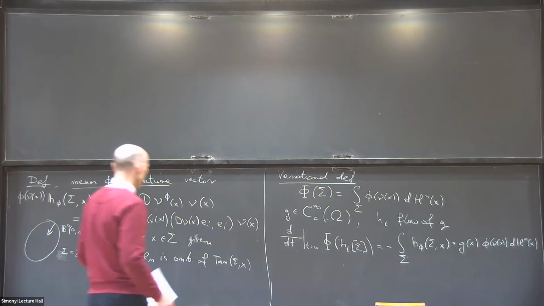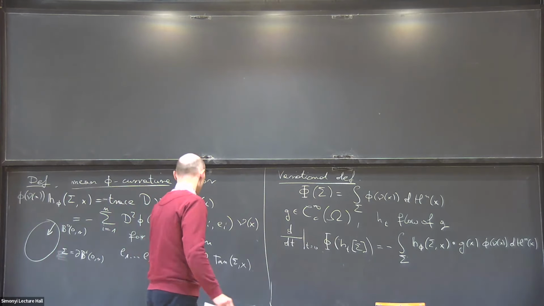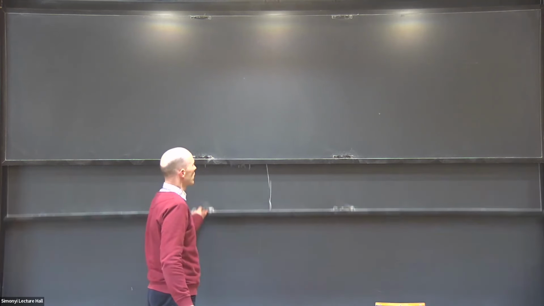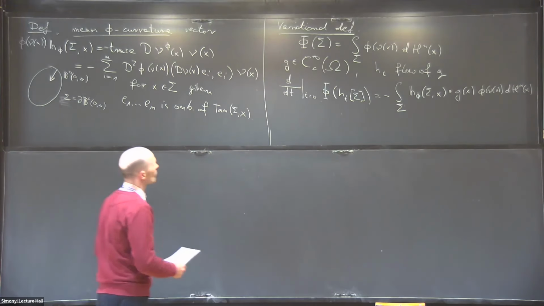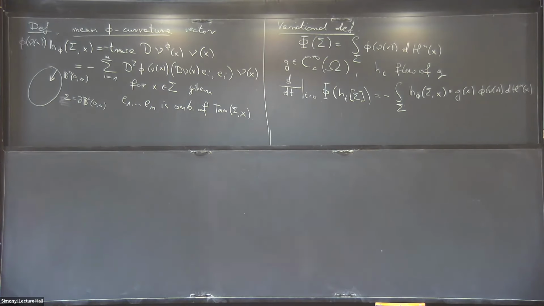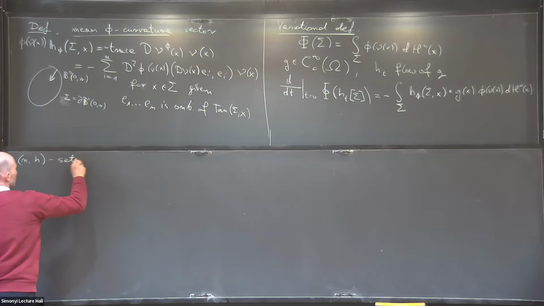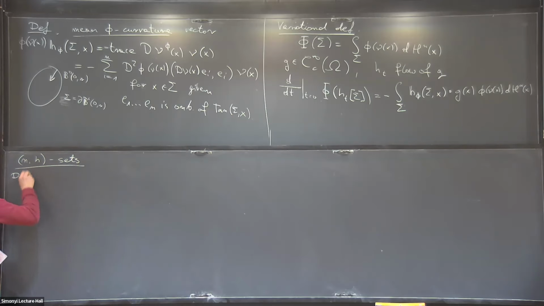Okay, so now once we've defined what a smooth hypersurface is, we can define what are called NH sets. NH sets. So there is a definition.